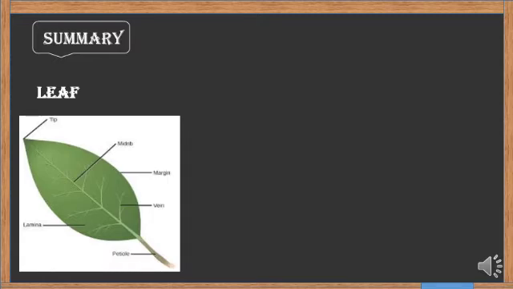The pointed free end of the leaf is called the leaf tip. A main vein lies in the middle of the leaf, called the main vein or midrib. A number of side veins arise from the main vein. The flat and broad part of a leaf is called leaf blade or lamina. The leaf remains attached to the branch through the petiole or stalk.